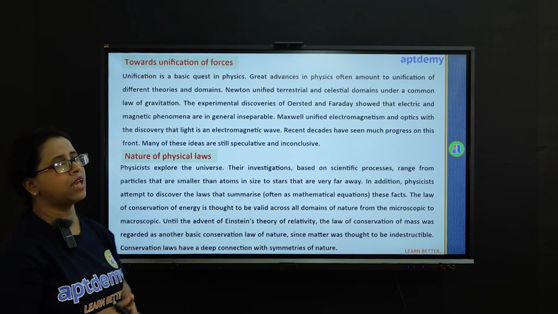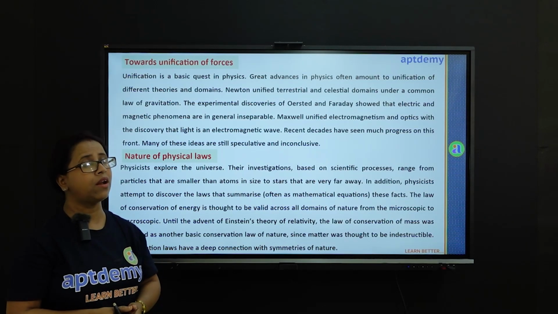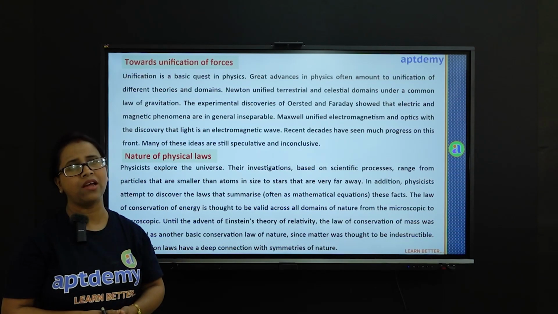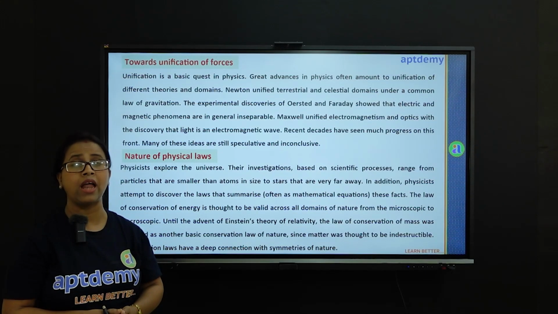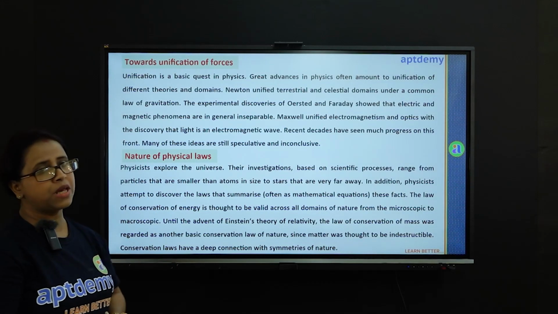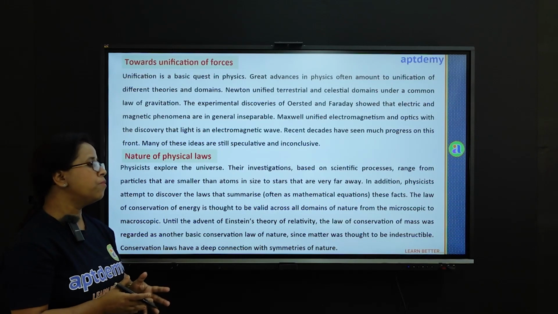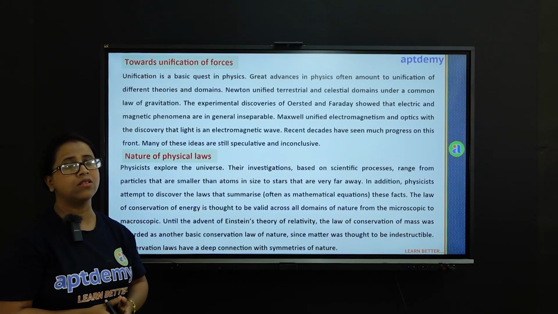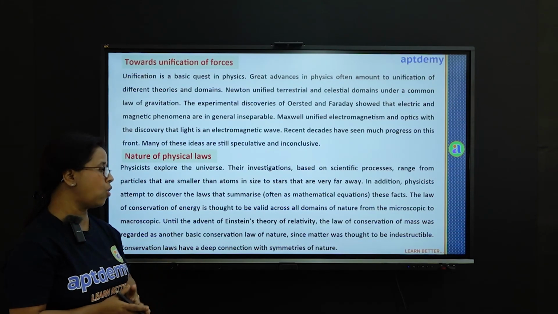Now, the recent decades have seen much progress on this front. However, there are still many ideas which are speculative and inconclusive and need further research. In this way, physics basically explores nature. It has explained the symmetries of nature with the help of various physical laws.